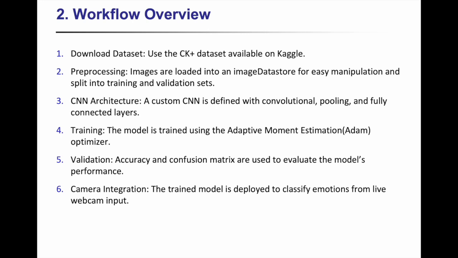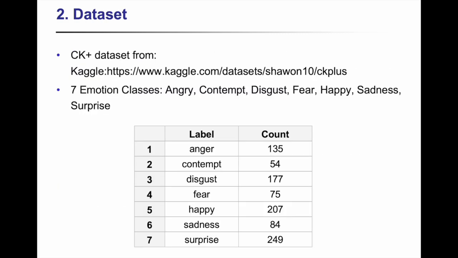Let's quickly overview our workflow. The first step is to download the dataset from kaggle.com using this link. You can see the dataset has 7 emotion classes, which are angry, contempt, disgust, fear, happy, sadness, and surprise.